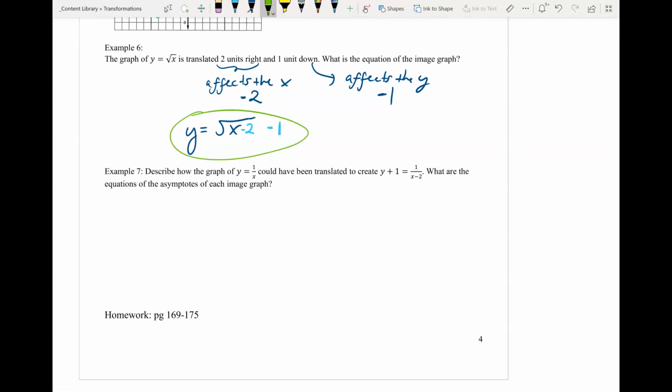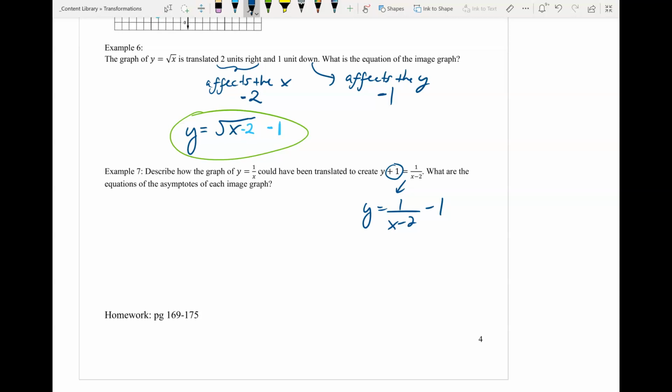For example 7, describe how the graph of 1 over x could be translated to create y plus 1 is equal to 1 over x minus 2. And then find the equations of the asymptotes of each image graph. The first thing I'm going to do is rewrite this so that my y value, this plus 1, is on the other side. This is our descriptive form when we were drawing our rational graphs.